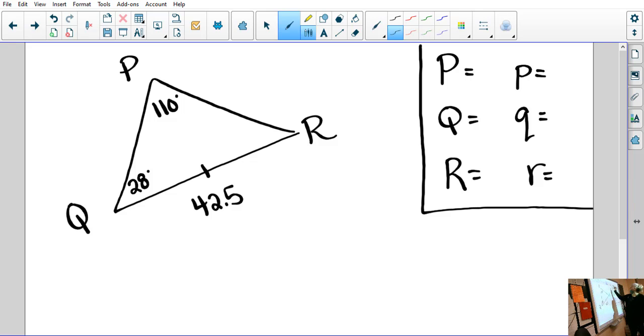So let's find all the missing sides, all the missing angles.